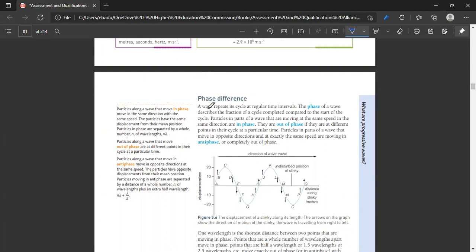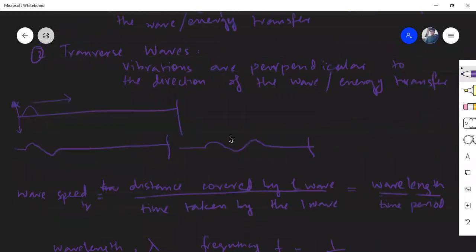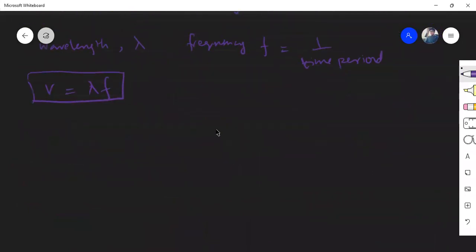A phase is some fraction that is covered by the wave after it started. Could you repeat that? So a phase is the fraction of wavelength, actually how much wavelength the wave has covered.